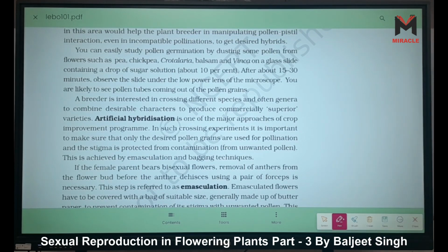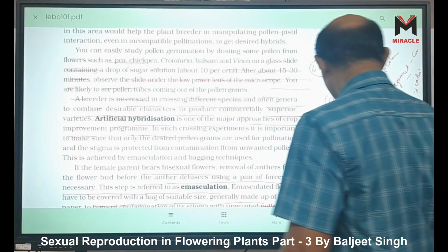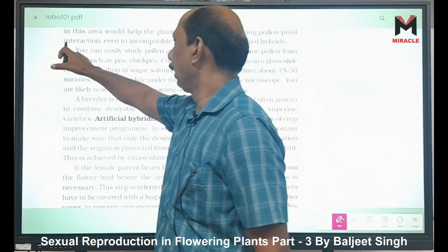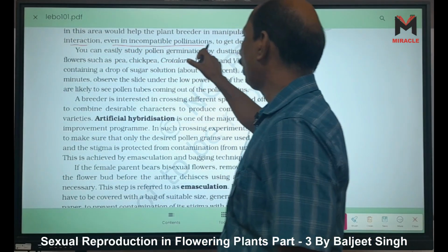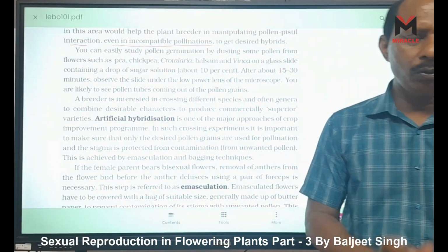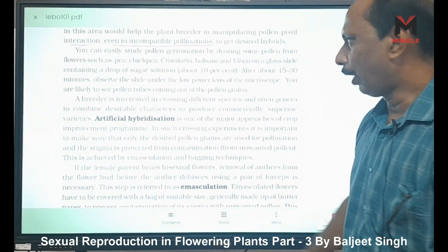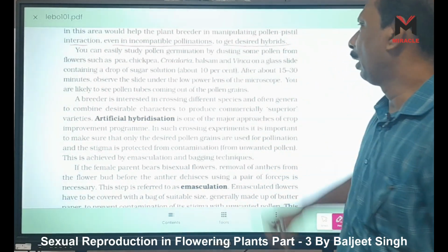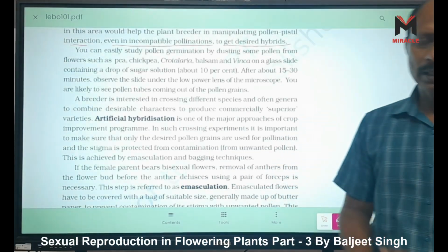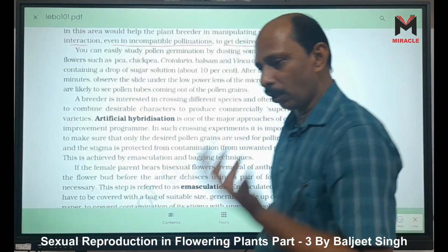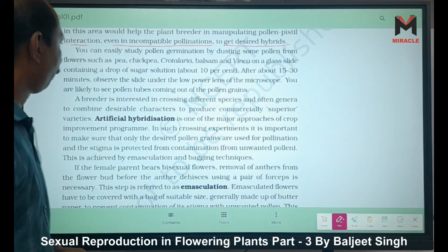For why? To give a specific hybrid. Even in incompatible pollination, I already told you they use chemicals for the growth of the pollen tube to get the desired hybrids. That is the importance of the study of pollen-pistil interaction, right?